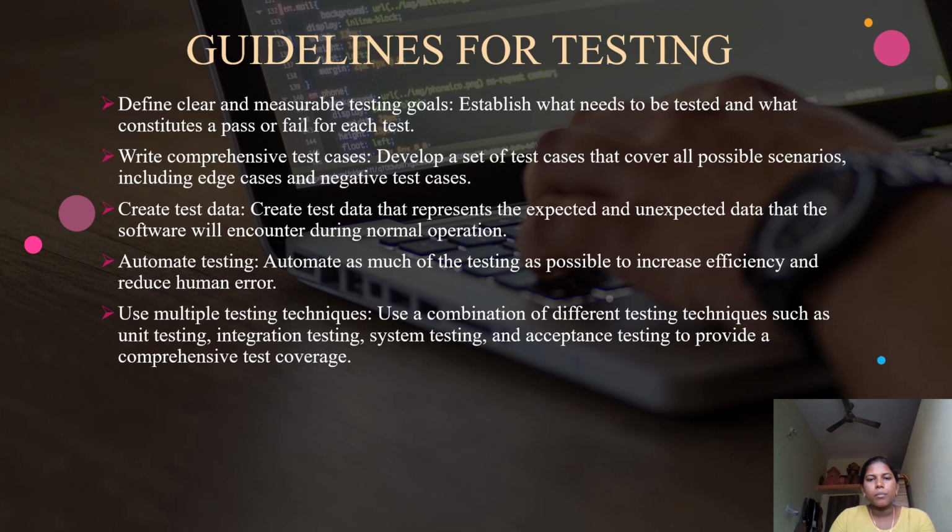Automate testing. Automate as much of the testing as possible to increase efficiency and reduce human error. Use multiple testing techniques, such as unit testing, integration testing, system testing, and acceptance testing, to provide comprehensive test coverage.